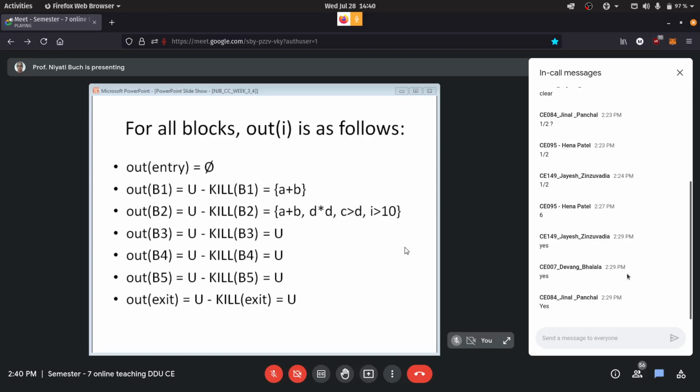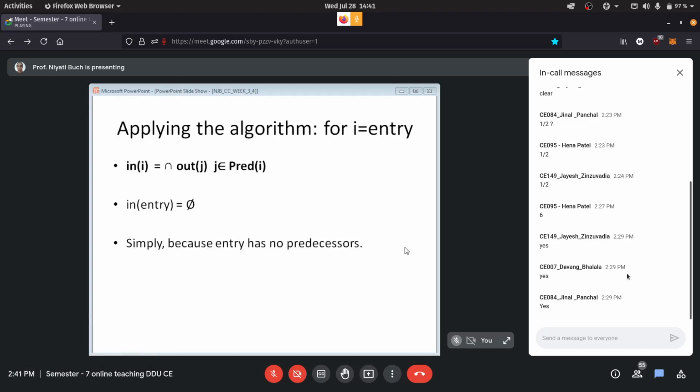Fine. So I think up to this it is all clear. Moving further, now we are going for the iteration. We are applying the algorithm for I equals entry. I is going to change for the entry block, then B1, B2, B3 up to exit. We will take all the blocks one by one.